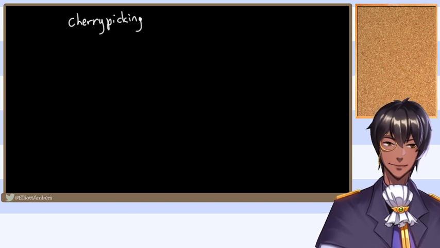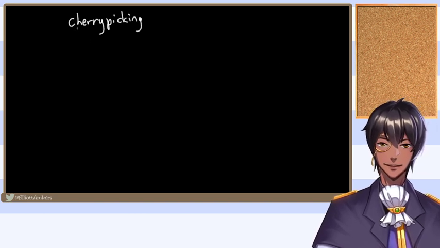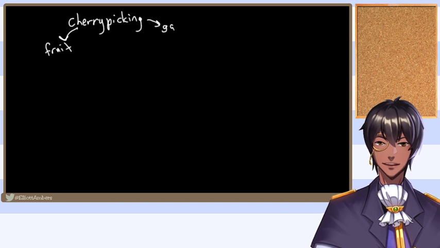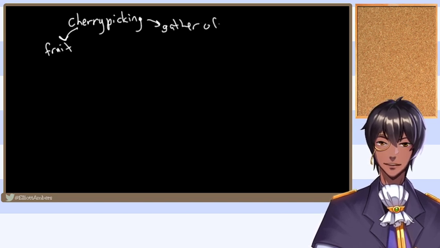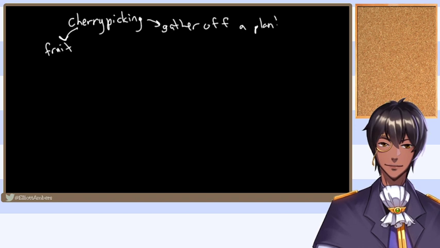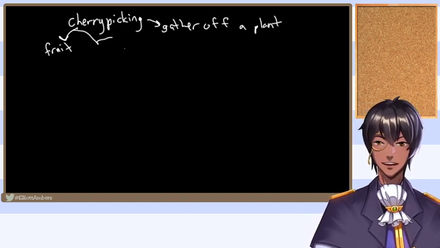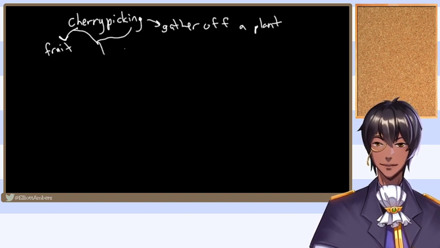So yeah, back to this word here, cherry picking. Cherry is a fruit. Picking means to gather off a plant. But quite literally, when we say we're cherry picking, we don't mean we're gathering fruit off of a tree or a bush.